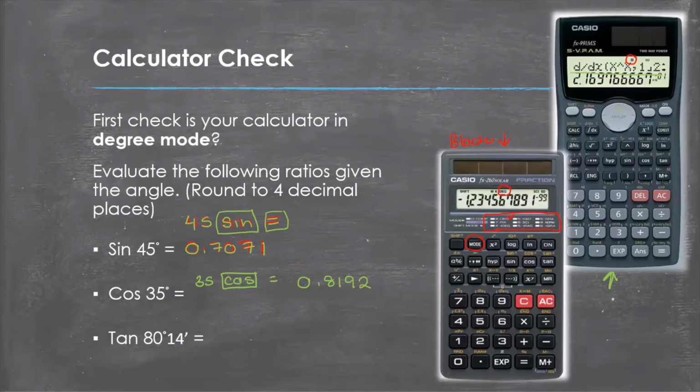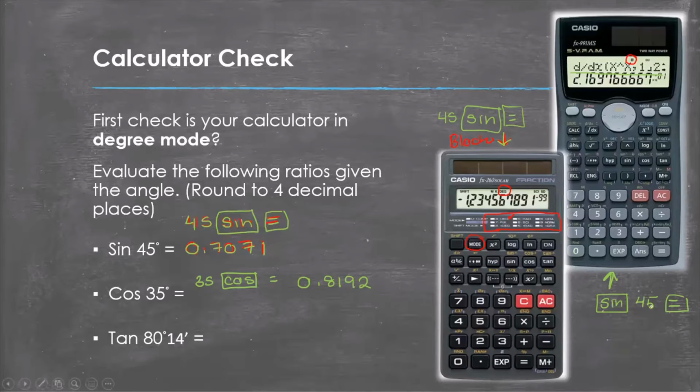In this case, for this calculator, you do sine, and then you type your 45, and then you would hit equals. Okay, so two different methods. For the block calculator, it's 45 sine equals. It's the backwards calculator, opposite of the way we write it.